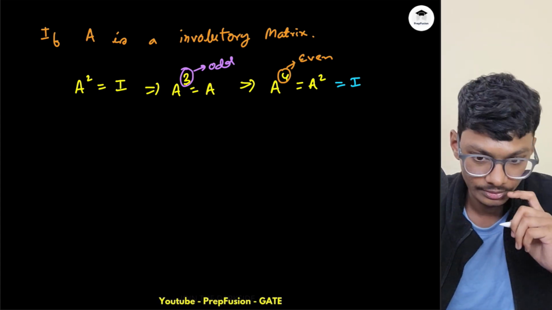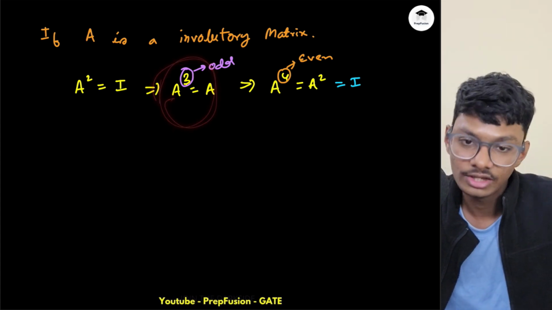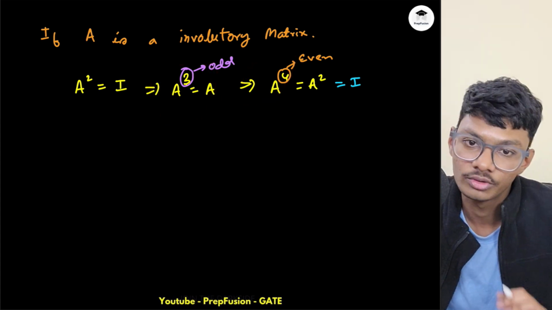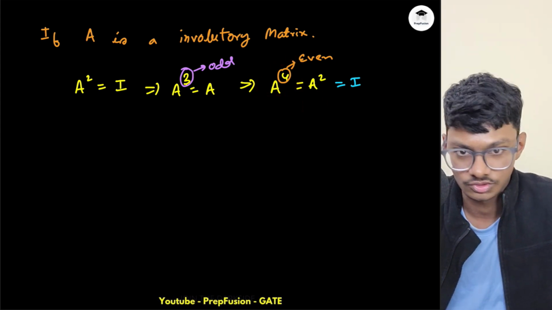So basically what I want to say is, this A cube is also involutory, and this A raised to power 4 is also involutory, because if I take the square of this it will be A raised to power 8, which equals I. You can cross verify.